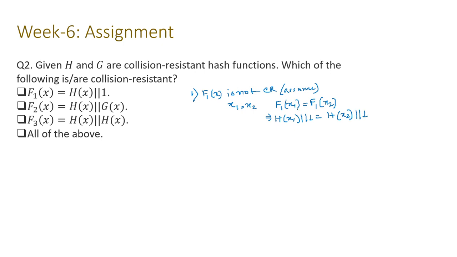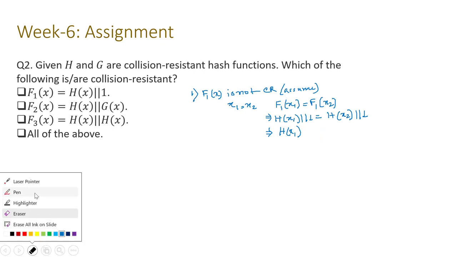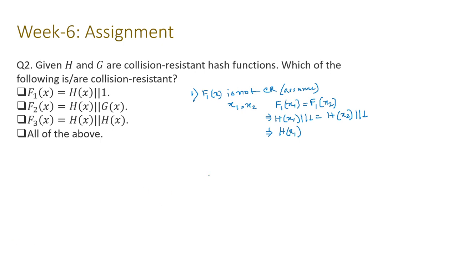This is how the function f1 is defined, and if we ignore the last one bit, then the rest of the output bits give us h of x1 equal to h of x2, and that implies a collision, right?